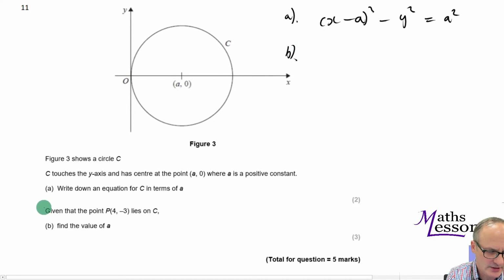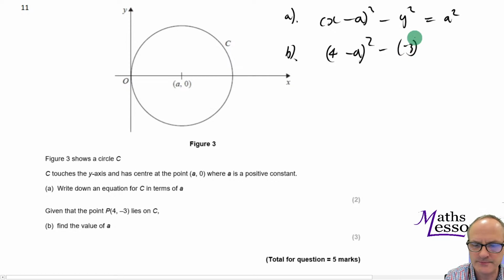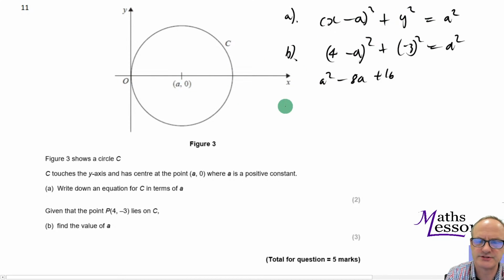Part B, given that the point 4, minus 3 lies on C, find the value of A. This really should have been quite a straightforward question. Put the 4 in, put the minus 3 in, and let's see what we get. So we're going to get 4 minus A all squared, so A squared minus 8A plus 16, a bit of a mistake here, plus y squared there.